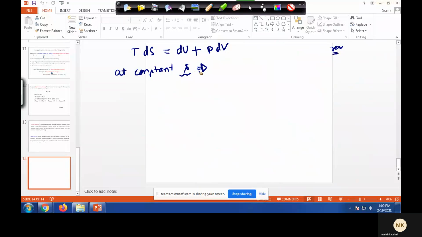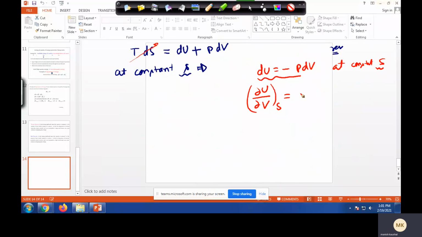If you go from 1 to 2 at constant S, then S will not change, other things will change. So this term is gone at constant S, and then we can write dU equals minus P dV at constant S, which you can write in terms of partial derivatives: dou U by dou V at constant S is equal to minus P.